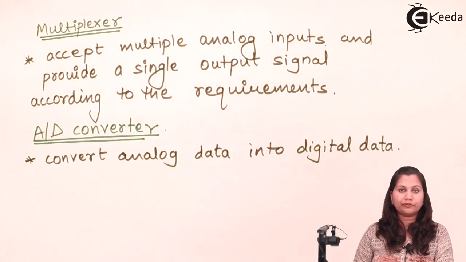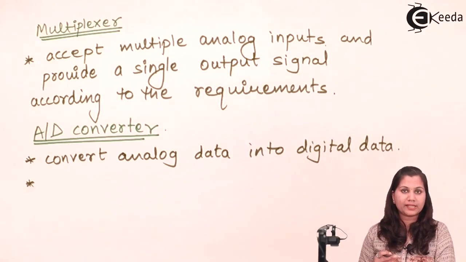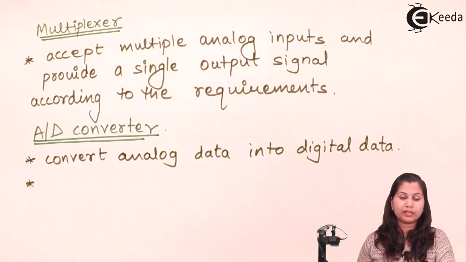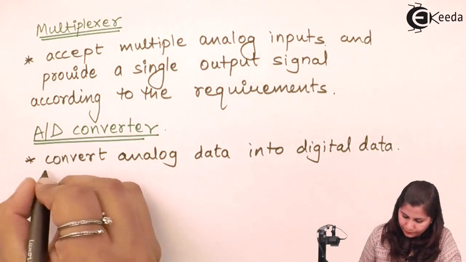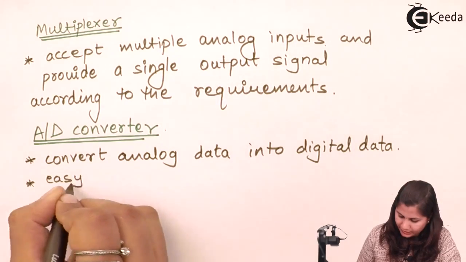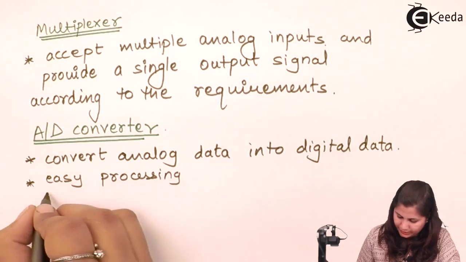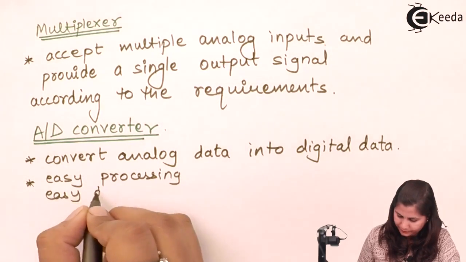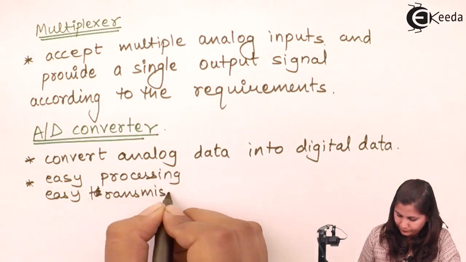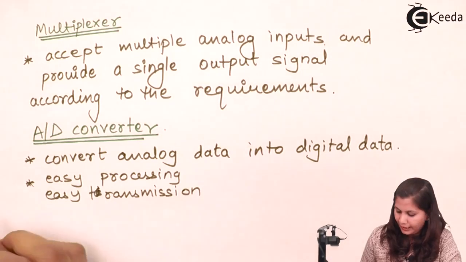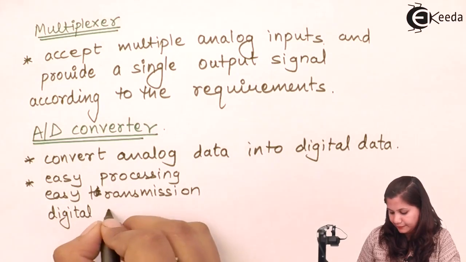So why is this conversion of data important? Because digital data is very easy to process and very easy to transmit. So due to easy processing, easy transmission, digital display and storage is also easy.